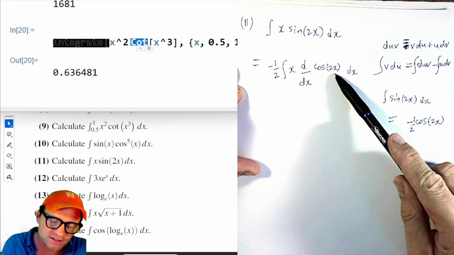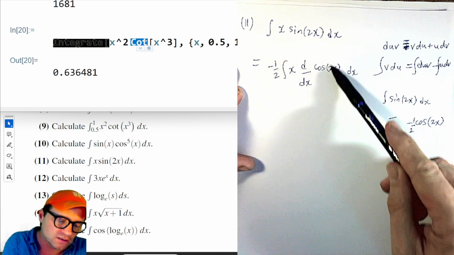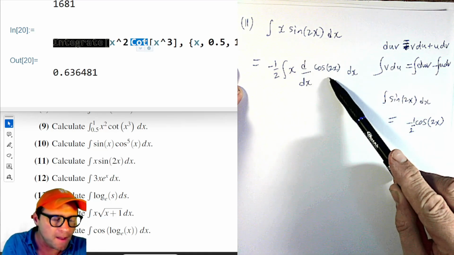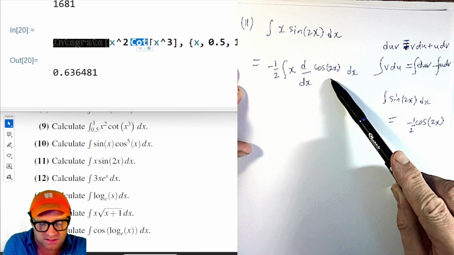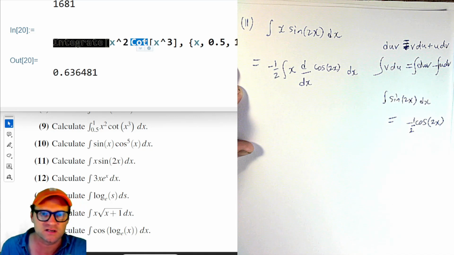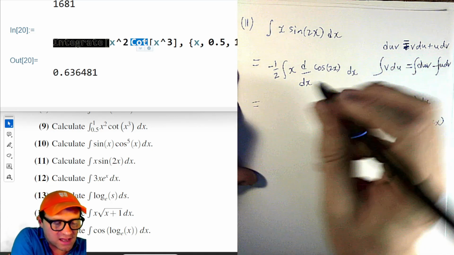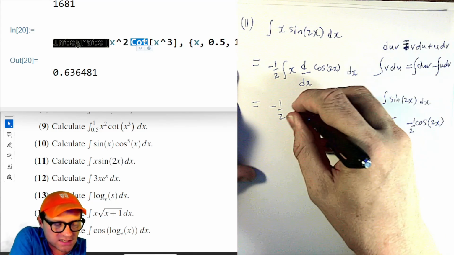If you actually differentiate this, you would bring out an extra 2 using the chain rule. So you would get minus 2 sine of 2x. That's what the minus 1/2 does. It makes those cancel.